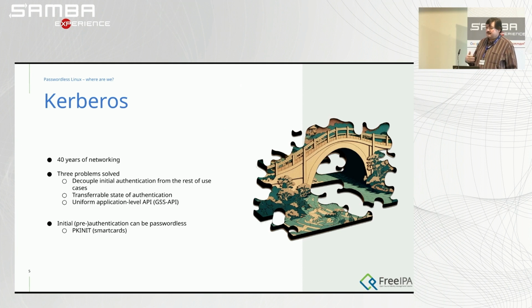So smart card integration effectively replaces your password with encrypted timestamp. Then around 10 years ago, we decided that, okay, even for passwords, we want some mechanism that is more secure and strong than this encrypted timestamp. We invented SPAKE, a pre-authentication mechanism which uses modern crypto to do this.